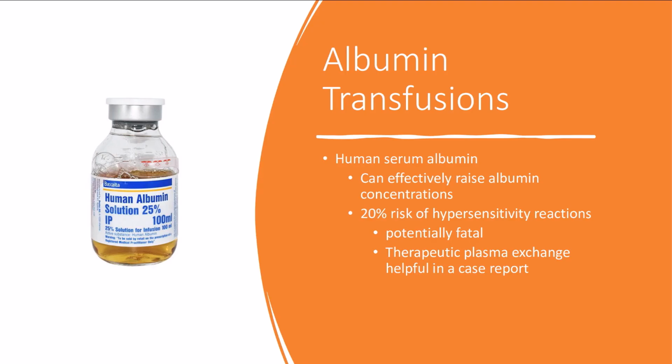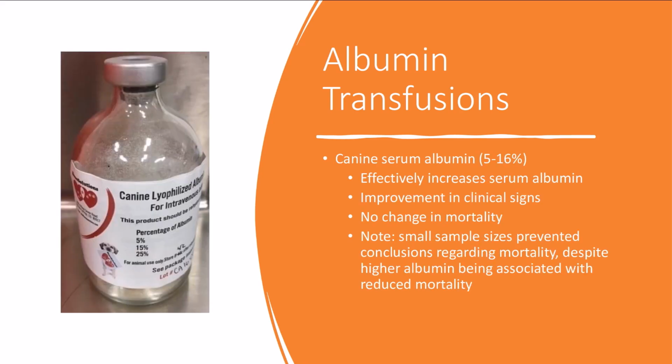It is currently not recommended for use in dogs. I would not give human serum albumin to a dog, definitely not to a cat, even if it was the only option that I had available. There is simply not enough evidence that it's safe enough and it potentially could kill the patient.